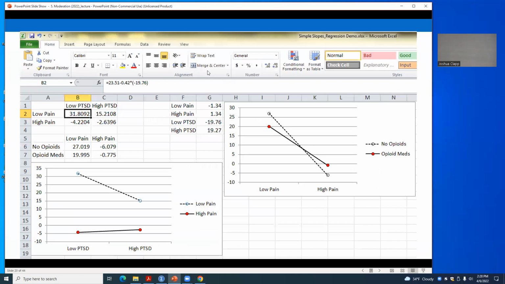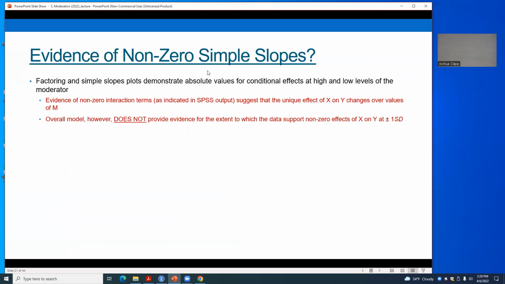Okay. So we can get all this stuff just based on hand factoring, plotting, things along these lines, okay? And as we go through, an interaction term in our SPSS output, evidence for an interaction, suggests that, yes, the conditional effect of X on Y does change across levels of your moderator, okay?